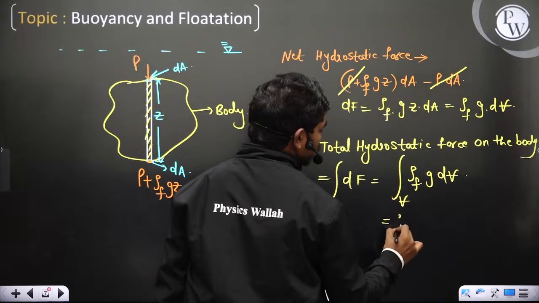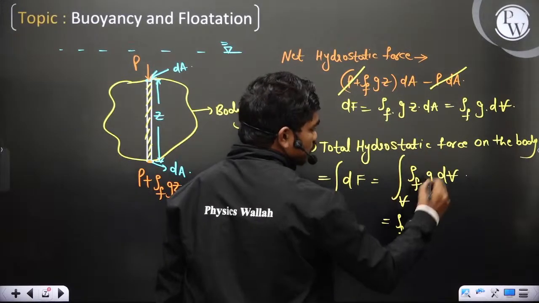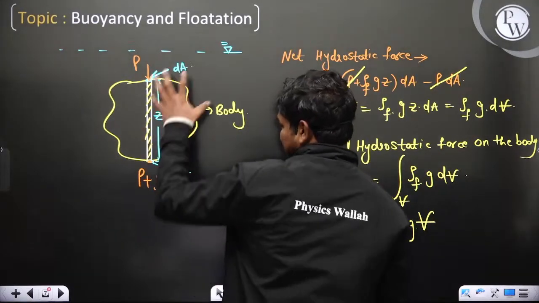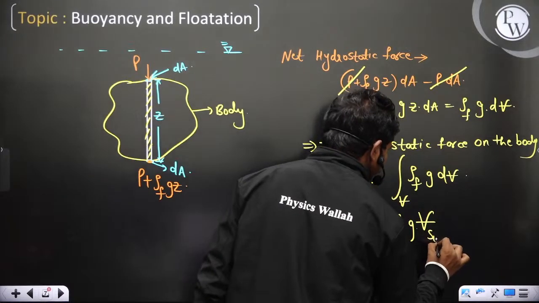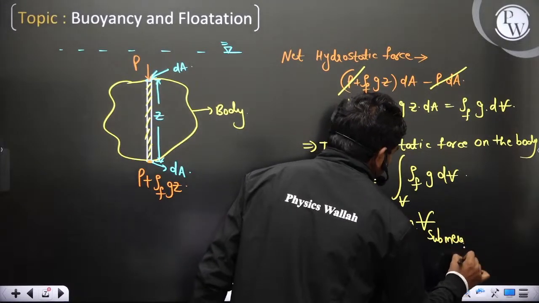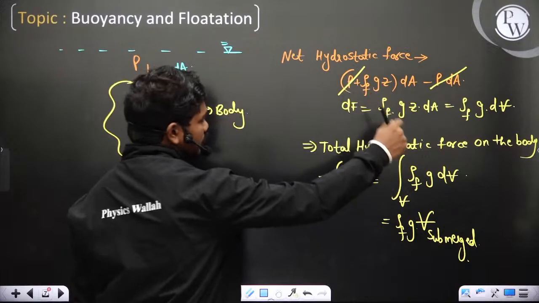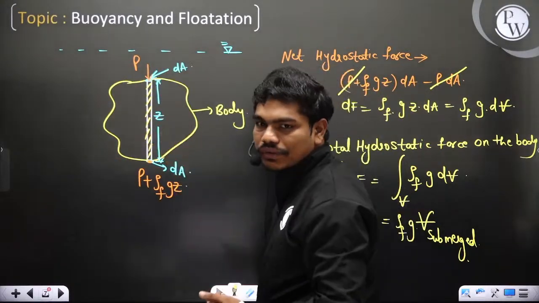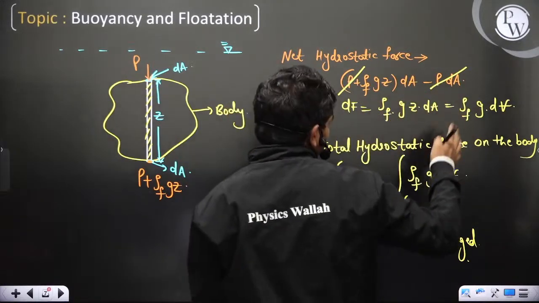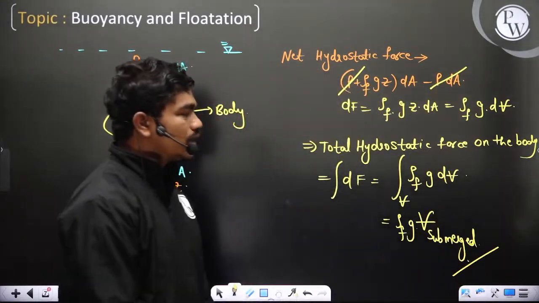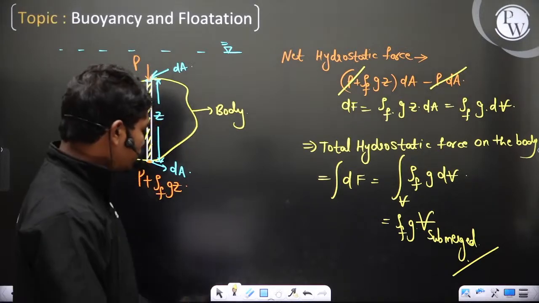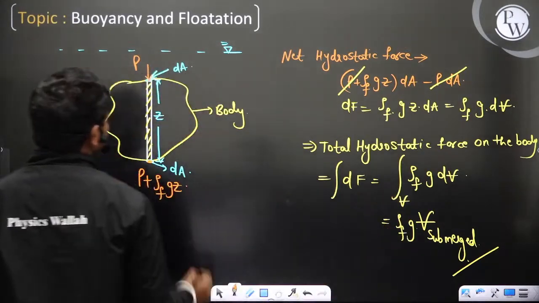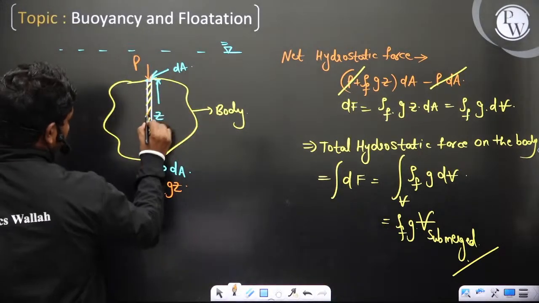This is a volume integral, rho F g is a constant, and the integration of dV is nothing but the volume present inside the fluid, the volume submerged. Whenever you write these expressions, this point to this point is completely inside the liquid. So if you simplify, you get rho F g V submerged, and this force acts in the upward direction.